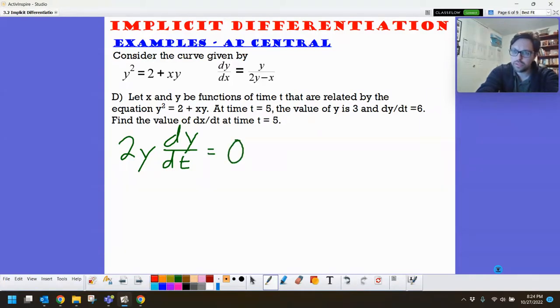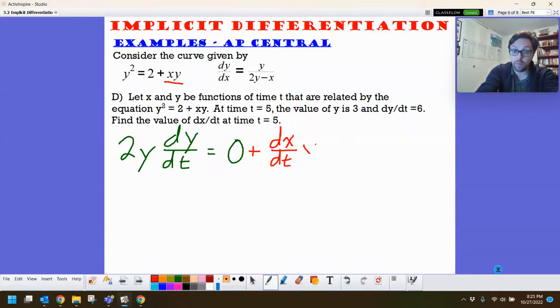Then when we go to do this product rule and we find the derivative of x, the derivative of x with respect to x is 1. But the derivative of x with respect to t, a different variable, just like y gets all implicit and weird, the x does it as well. And we get this dx over dt.